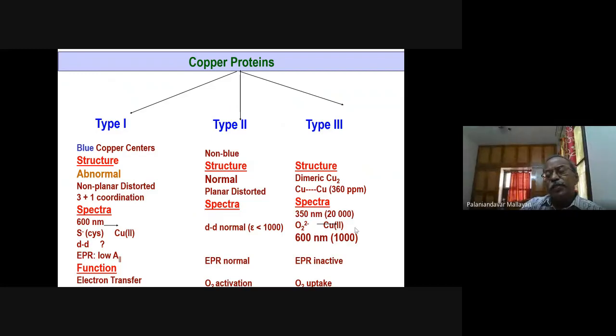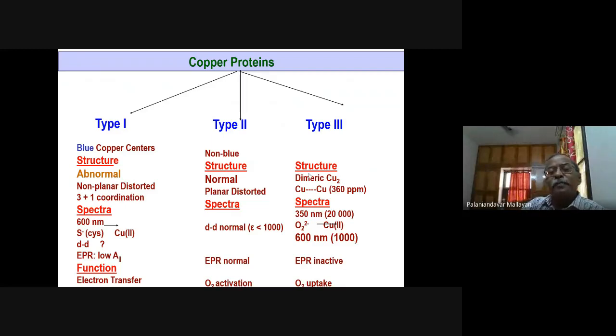The most important thing is that these type 3 proteins, though they have copper 2 copper 2, don't exhibit an EPR signature. They don't give rise to an EPR signal, so they are all EPR inactive. So what are type 3 copper proteins?